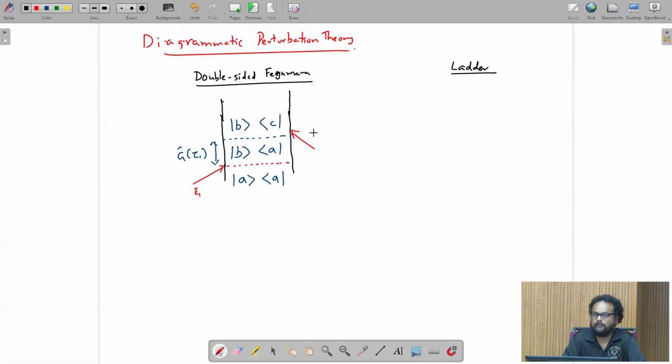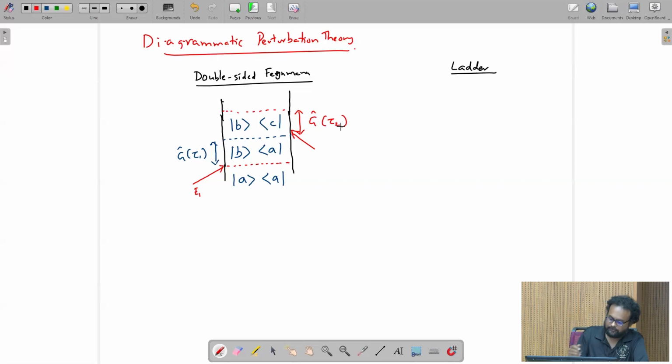Two-field interaction. And let's say that also evolves, and that evolution is given by G of tau 2, for example. It's my super operator, which tells me the evolution under the Hamiltonian of the system.